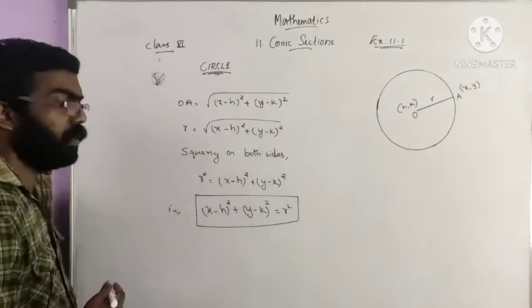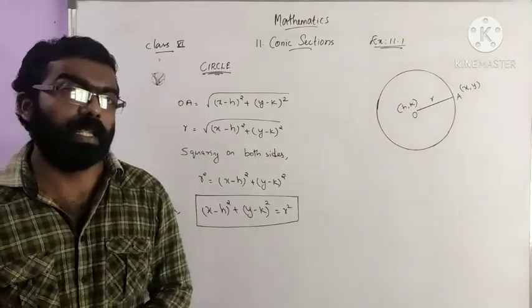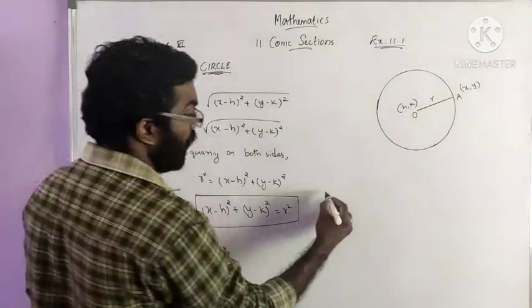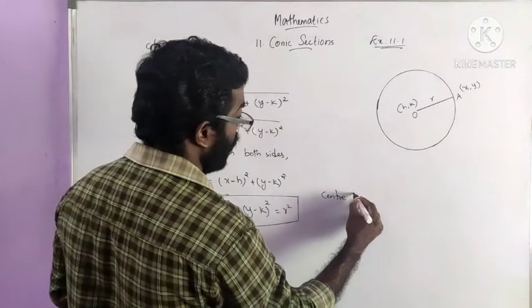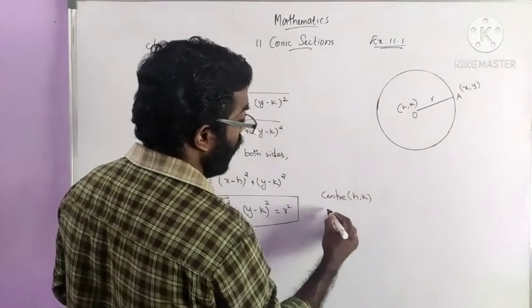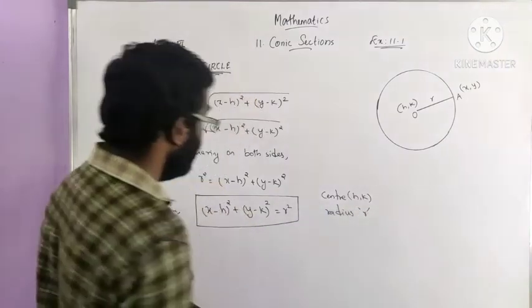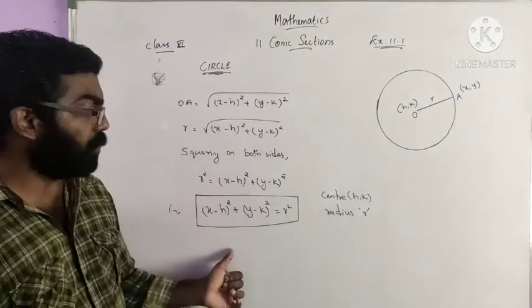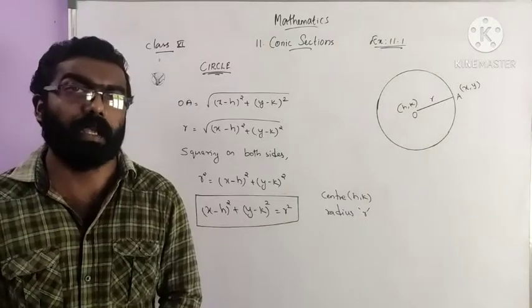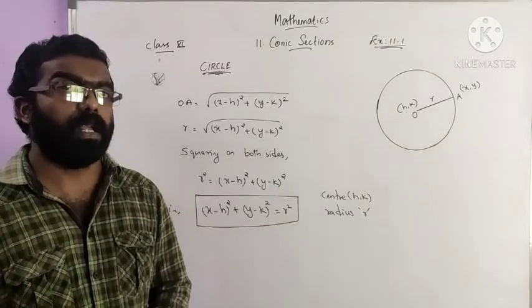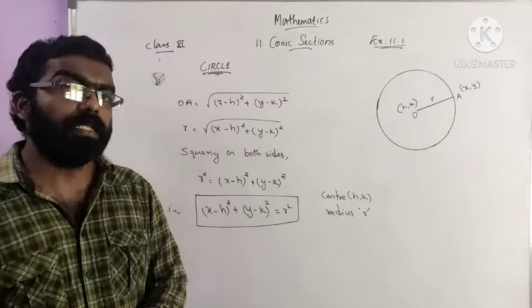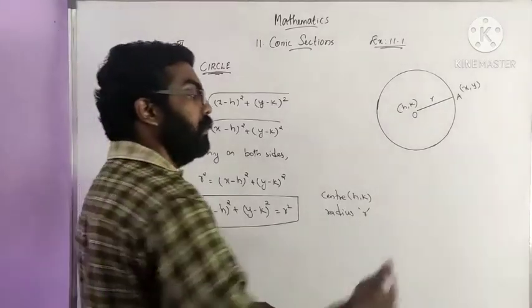So the equation of a circle with center h comma k and radius r is given by x minus h the whole square plus y minus k the whole square is equal to r square. Clear?